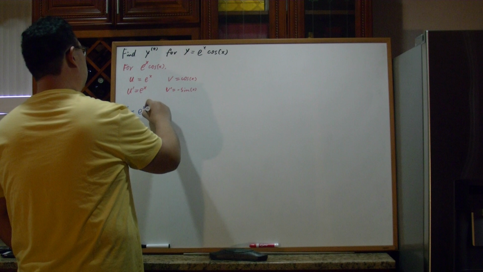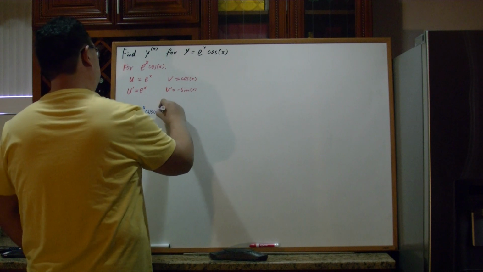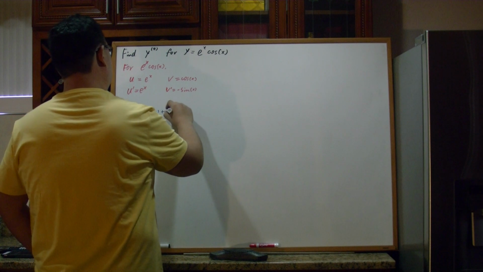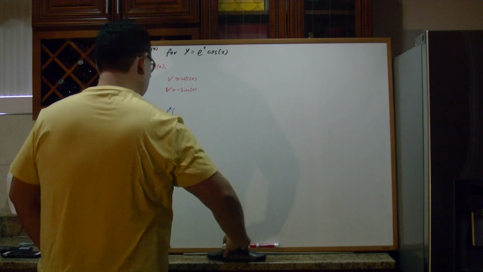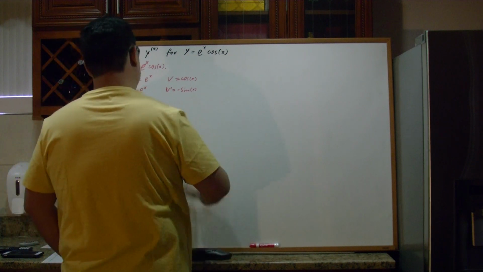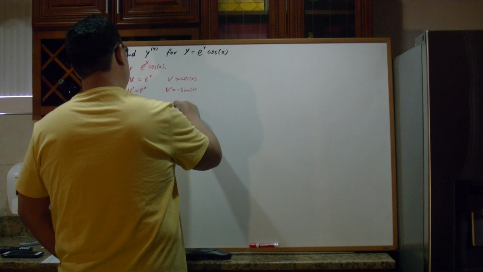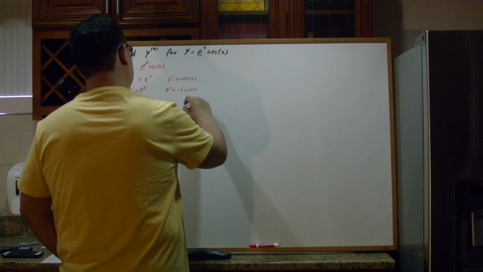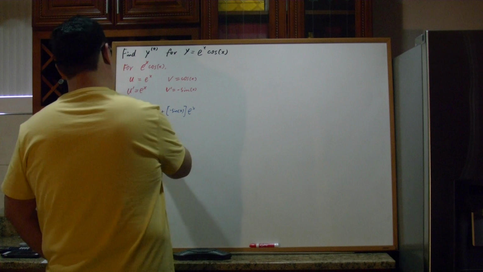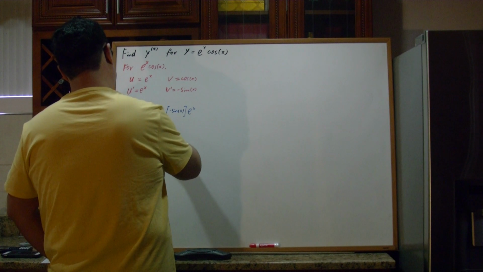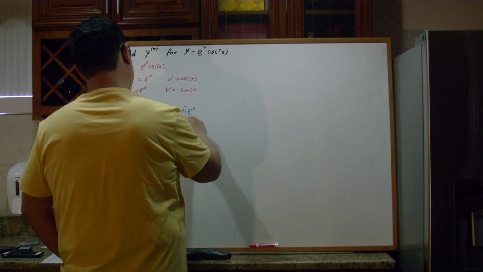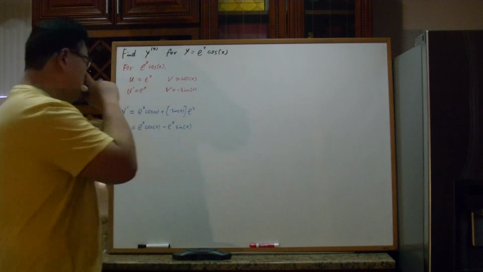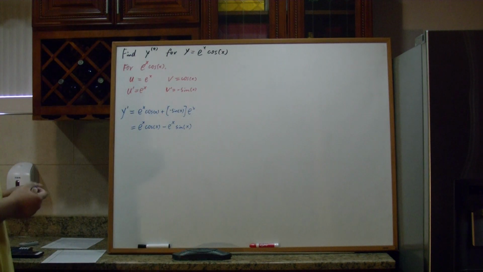That's e to the x cosine of x plus e to the x, following the order, negative sine of x. And that's our y prime.